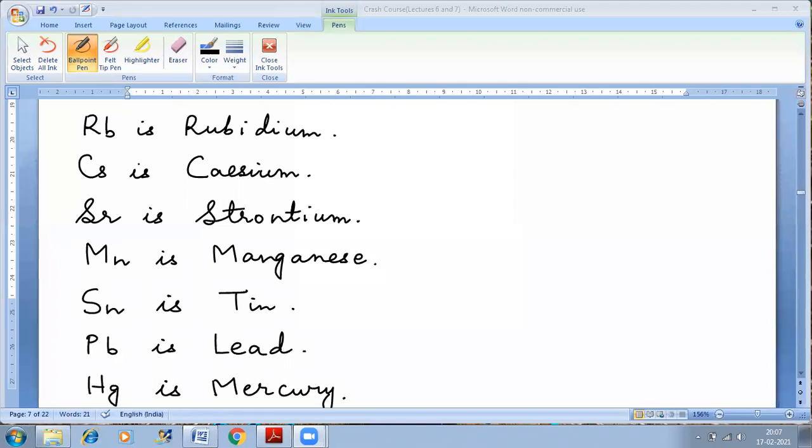Similarly, we have Latin names for other metals and elements. Sn is the symbol for tin. Pb is the symbol for lead.